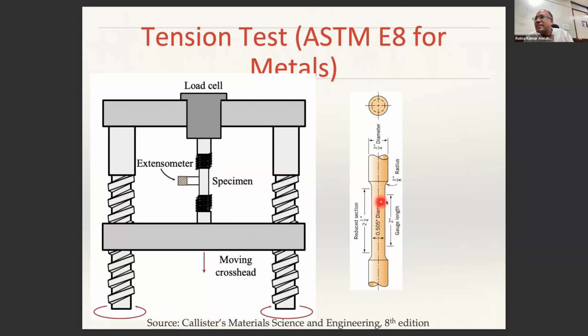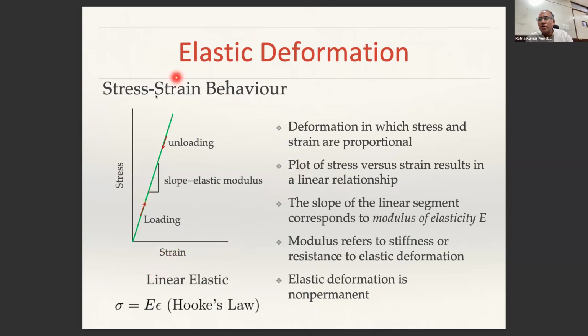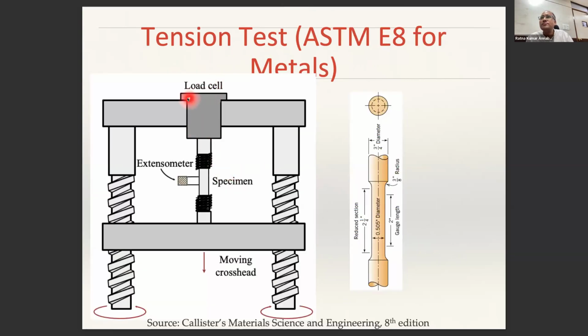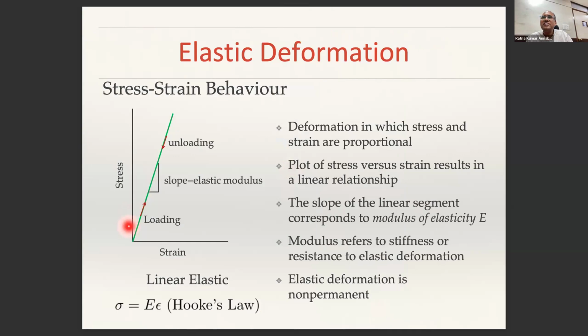The extensometer is placed between these two points, and as the specimen is deformed, the extensometer records the change in length. That change in length divided by the original length, which is known to us, goes on the x-axis. On the y-axis, you have to plot stress. Through the load cell, we are only measuring the load. For each change in displacement, we are measuring the load, but that load divided by the gauge section cross-sectional area is the engineering stress.